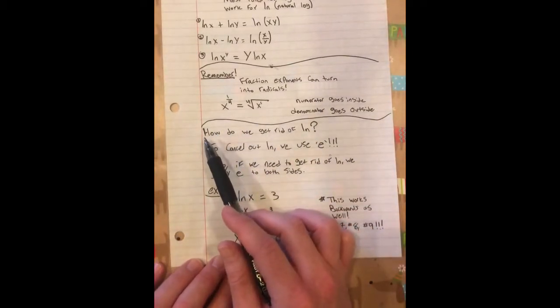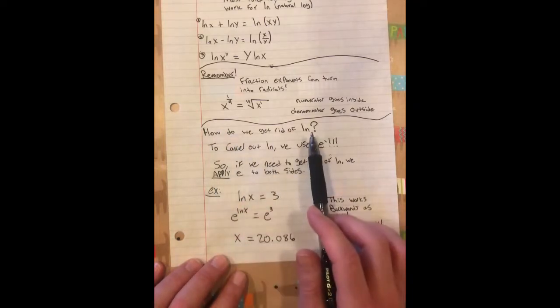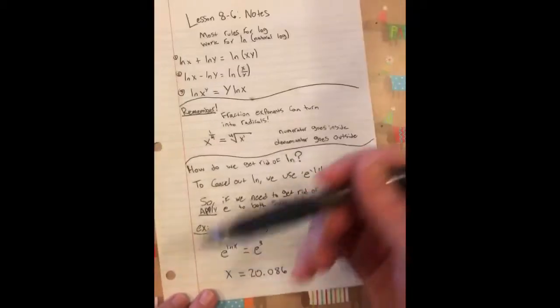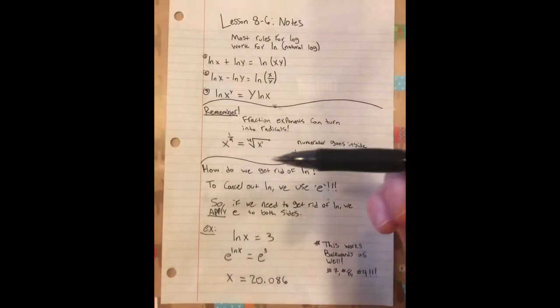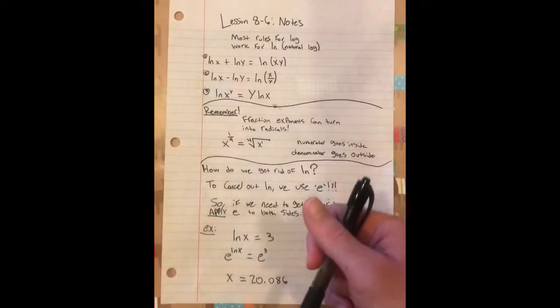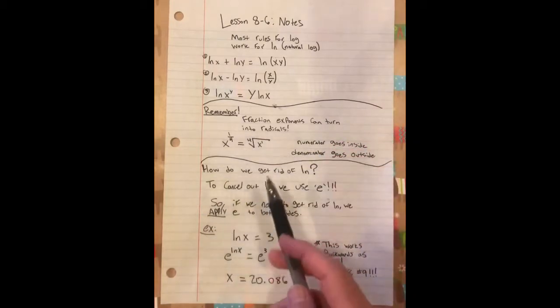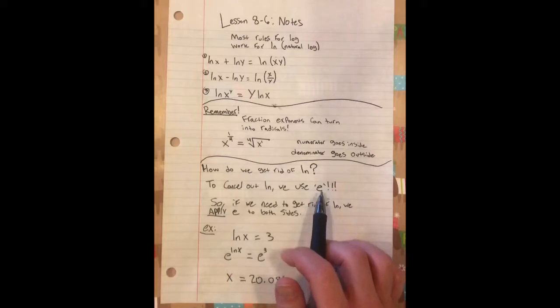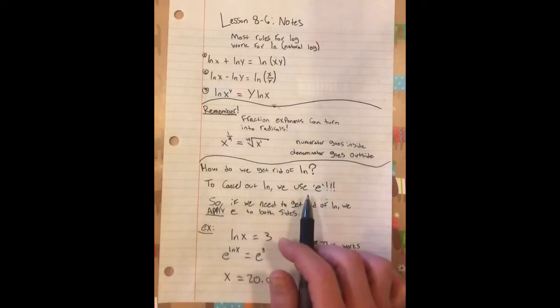Now, another thing we're going to need to know is how do we get rid of ln, or the natural log. Again, think opposites here. What's the opposite of addition? Subtraction. The opposite of multiplication? Division. The opposite of ln is going to be e. So to cancel out ln, we use e.